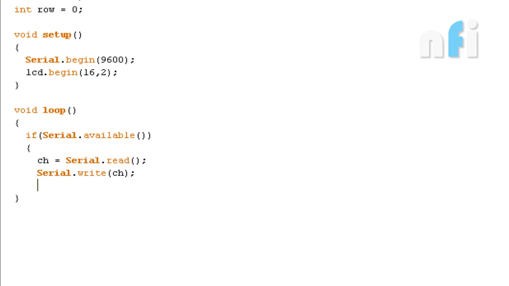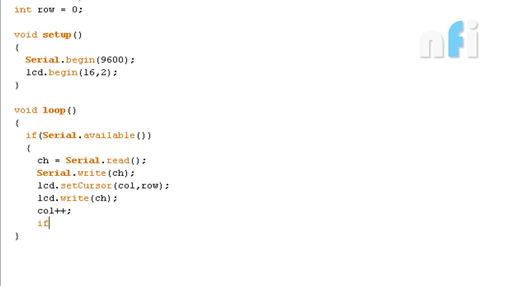Now it's time to write this message on the LCD screen. For that you'll write lcd.setCursor. Just put your variables, it will automatically adjust the values. So lcd.write ch. Here we increment the column.